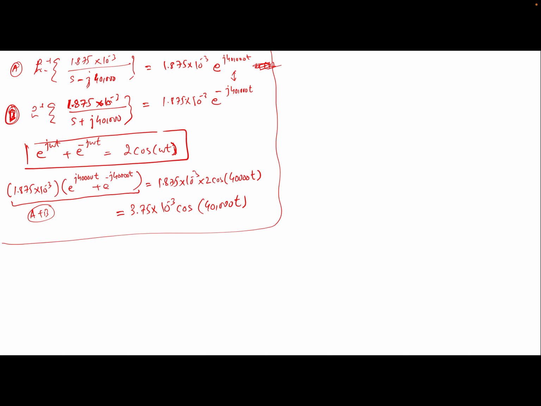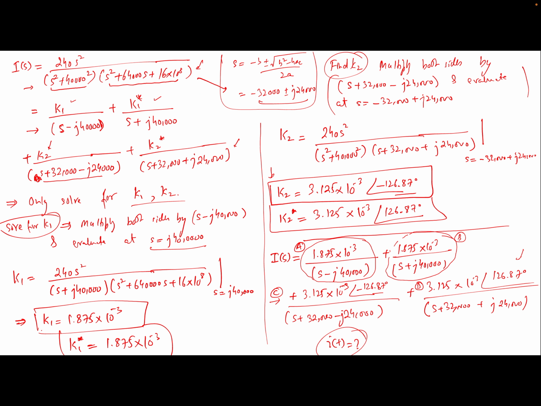Now let's do the C and D terms. To make life simple, I'm going to call both of these numerators, 3.125, K2 and K2 prime.